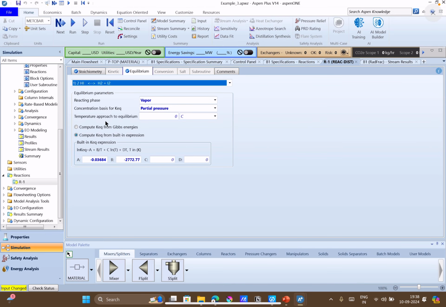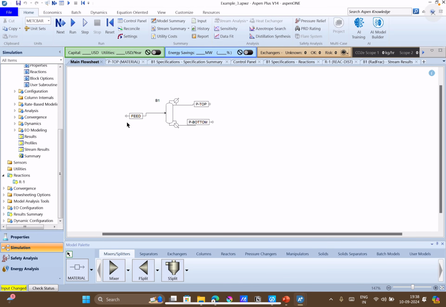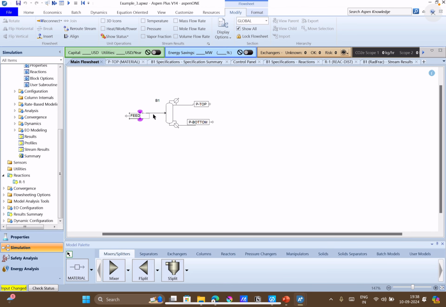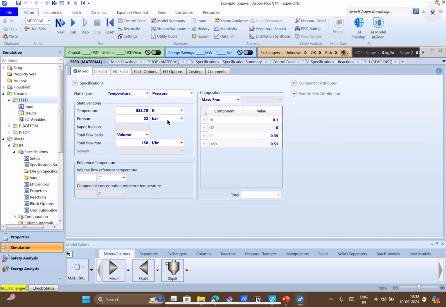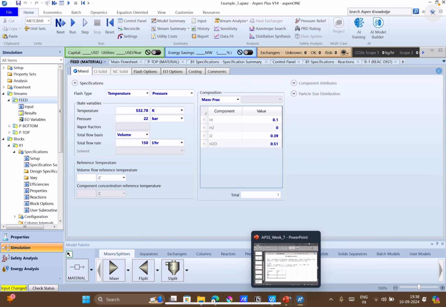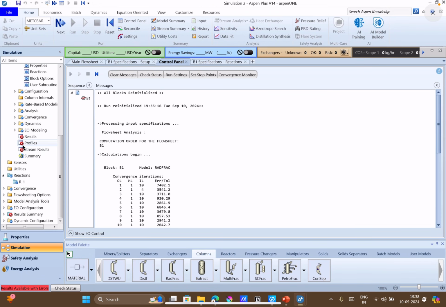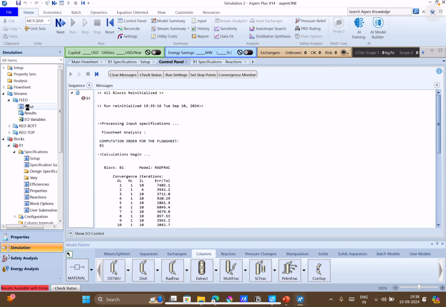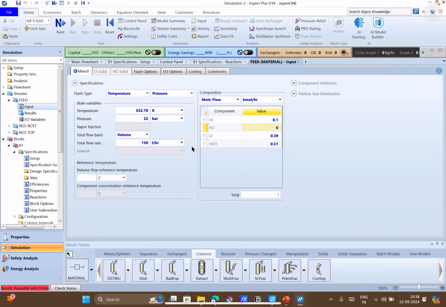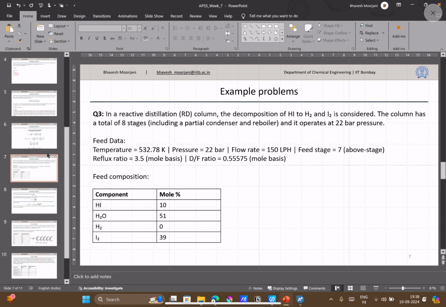In the simulation, feed, 532.78 kilo. This is mole percent, right?